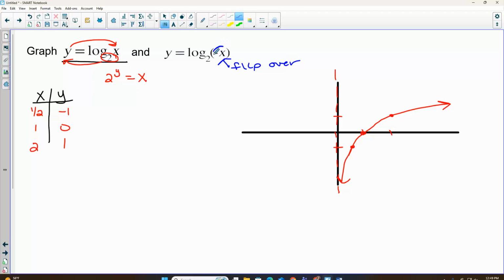If it's a negative on the x, that would be like making the x's negative, so it flips it over the y. So my points, you can either get it from here or from my t-chart, but just make my x's negative, so we get -1/2, -1; -1, 0; -2, 1. So that just was a reflection. So we used our transformation rules still with these. Remember, logs have a vertical asymptote, exponentials have a horizontal asymptote.